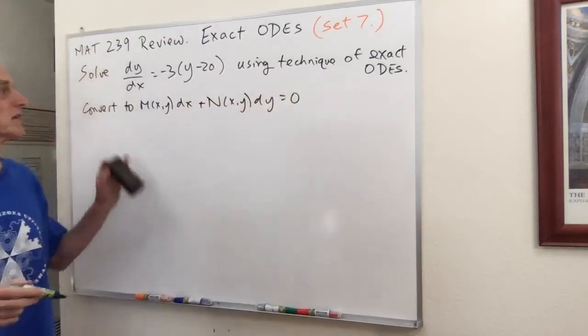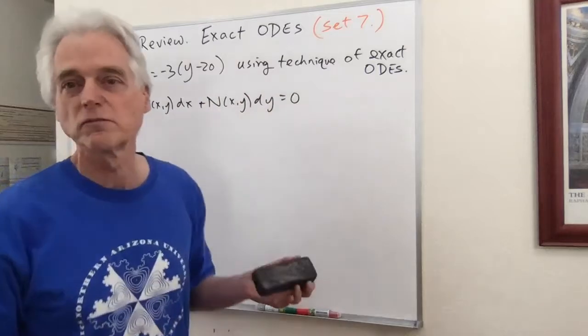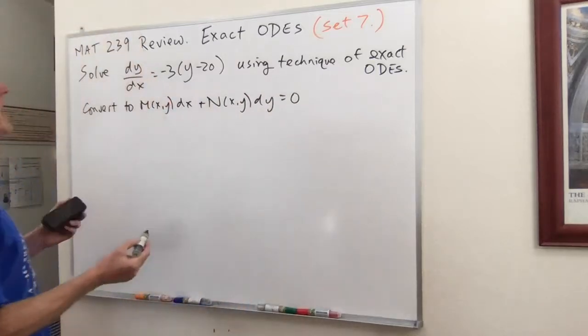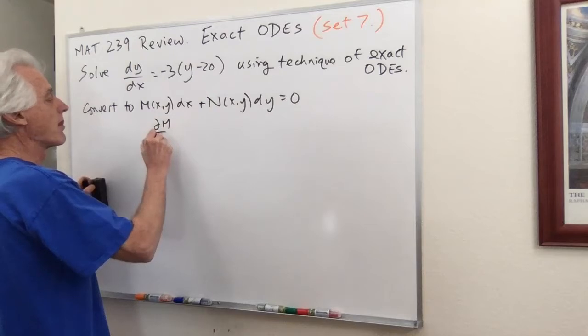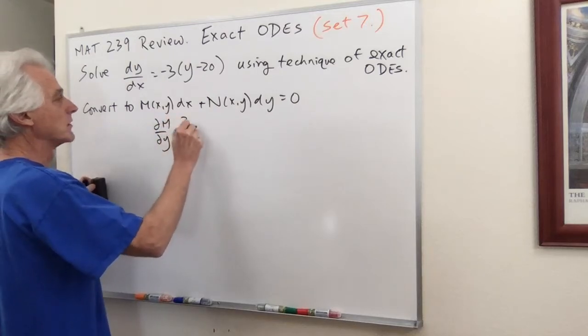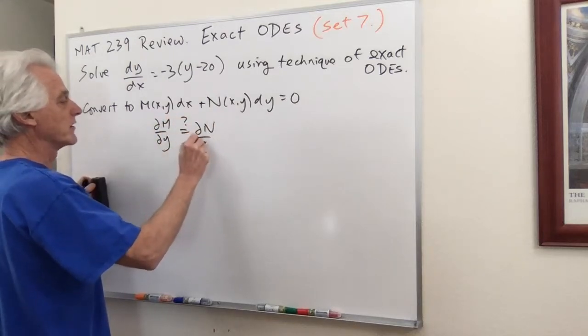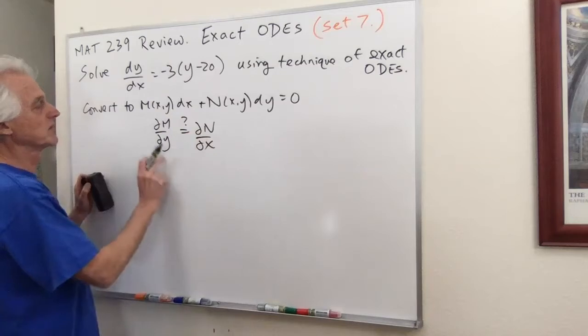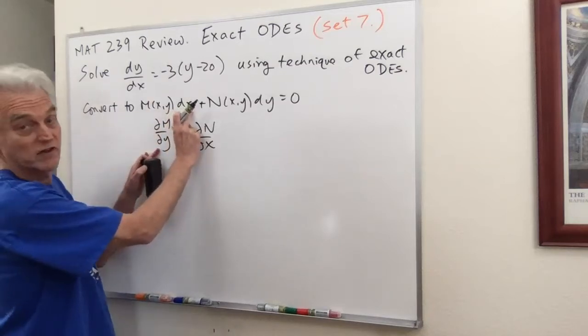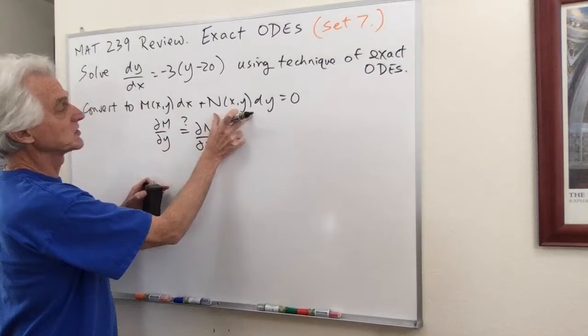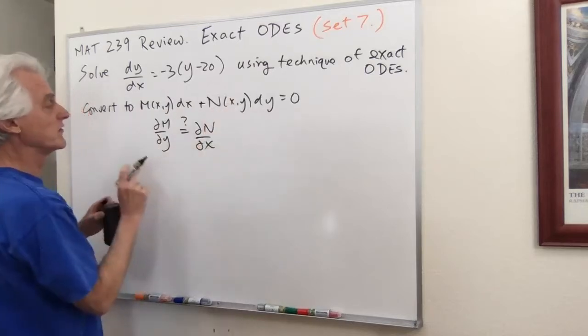We want to convert it to this so-called differential form. And then you check the partial derivative of this coefficient with respect to the other variable, the y variable, and this coefficient from the dy with respect to the other variable.